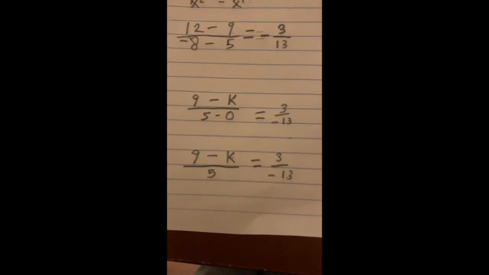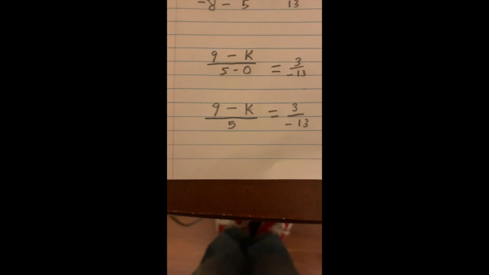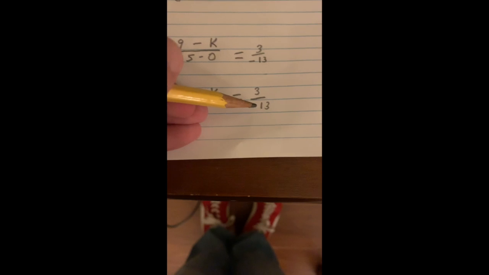And then, obviously 5 minus 0 is 5, so you can just make that a 5 there. Then you want to multiply across. What I mean by that is you take the 5, multiply it by 3, and you get 15 by itself. And then you do the 9 multiplied by the negative 13.